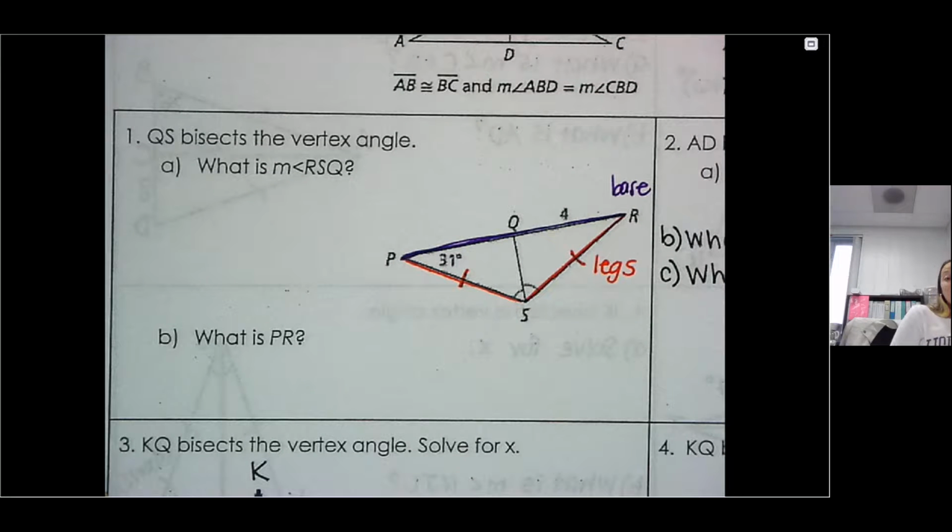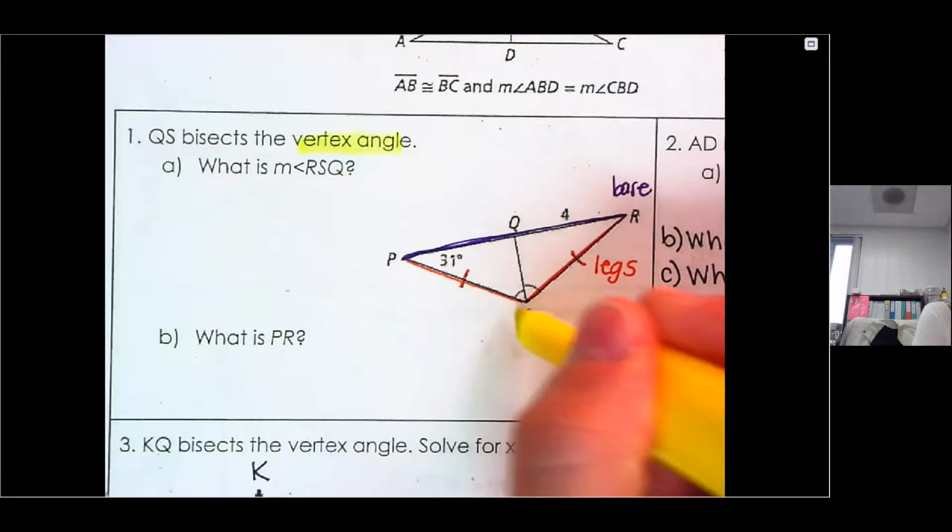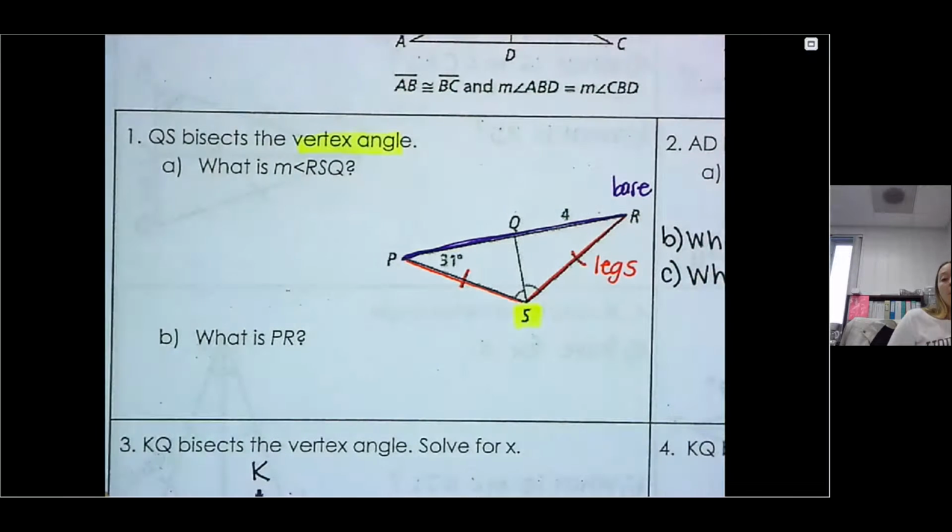Okay, so it says QS bisects the vertex angle. Which angle there is the vertex angle? Which angle is being cut in half? Angle S. Very good. So my vertex angle is this angle right here, angle S. Okay, so my first question says, what is the measure of angle RSQ?